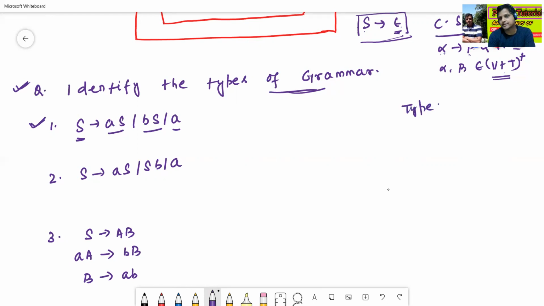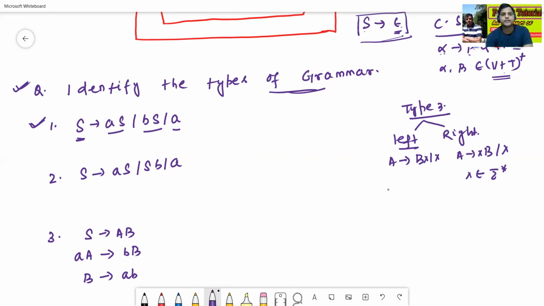So what is type 3? Type 3 grammar generally has two types: one is left linear, one is right linear. Left linear means A to Bx or x, and right linear means A to xB or x. Here A and B are variables and x belongs to sigma star.